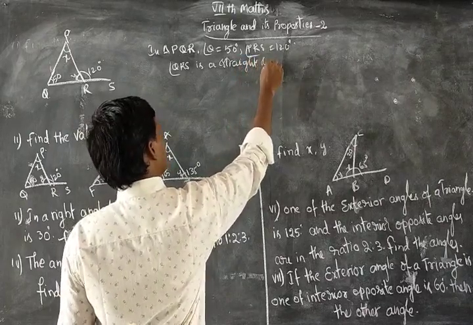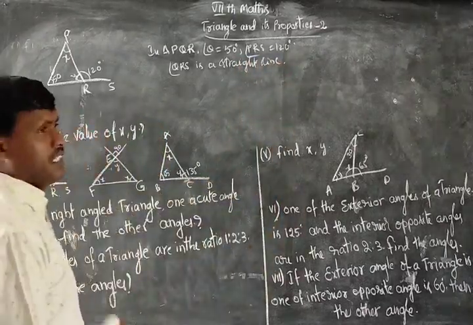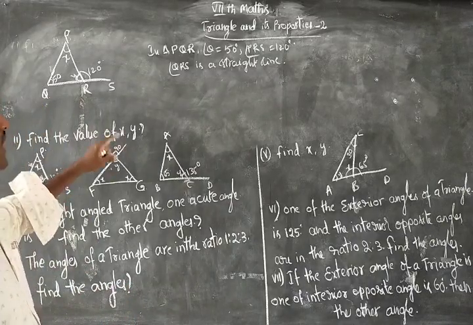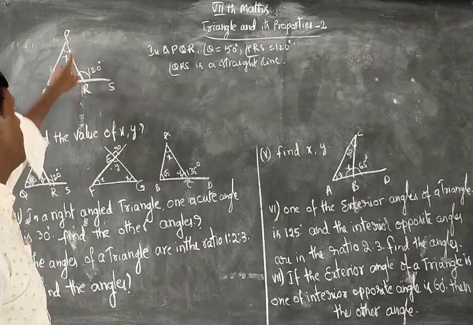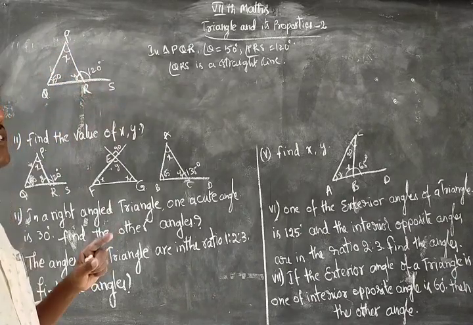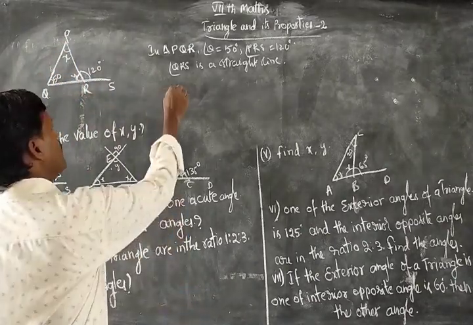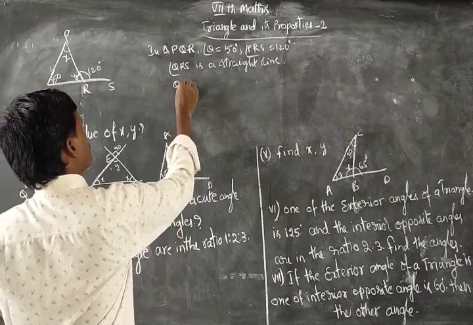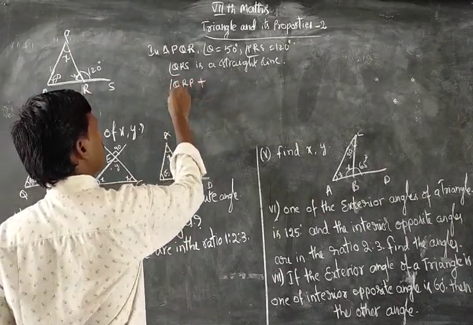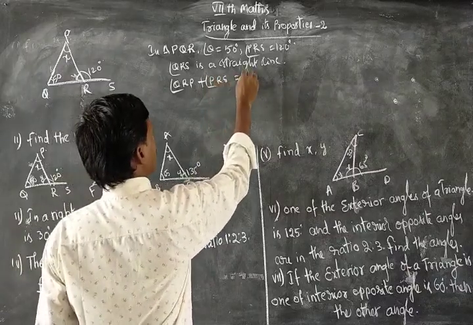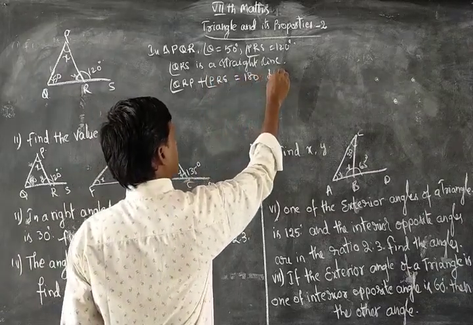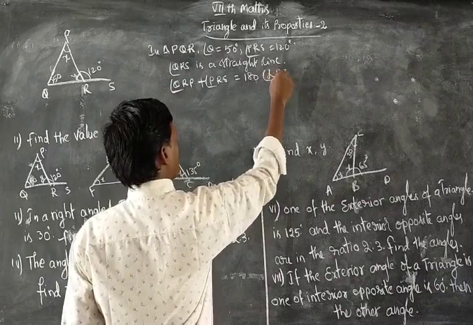Angle QRS is a straight angle or straight line, so two angles are formed: two adjacent angles, QRP and PRS. The sum of the two angles, angle QRP plus angle PRS, is equal to 180 degrees. Why is it 180 degrees? Linear pair.